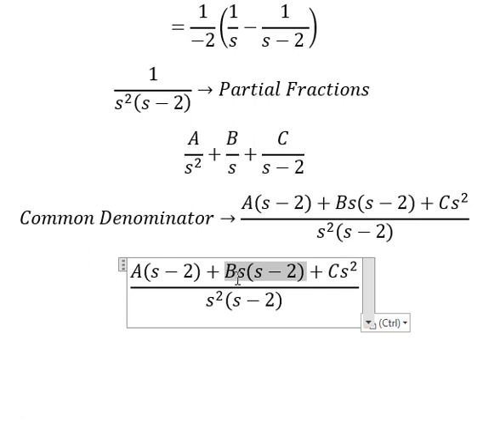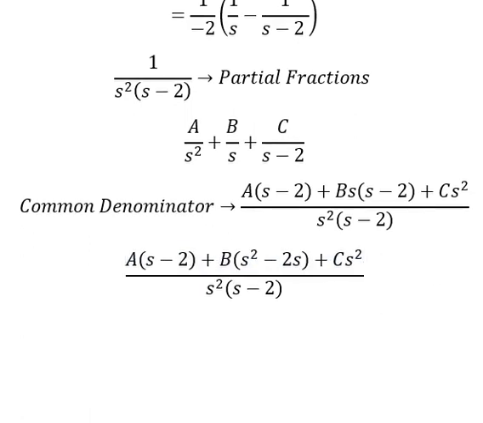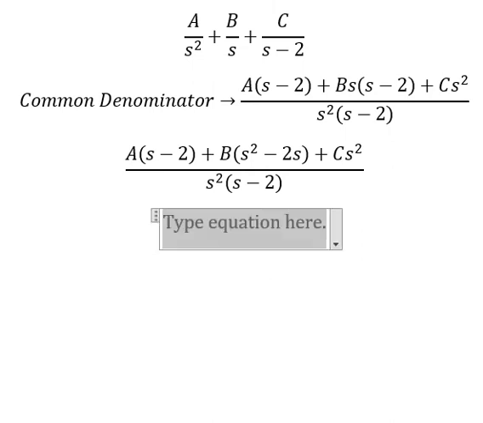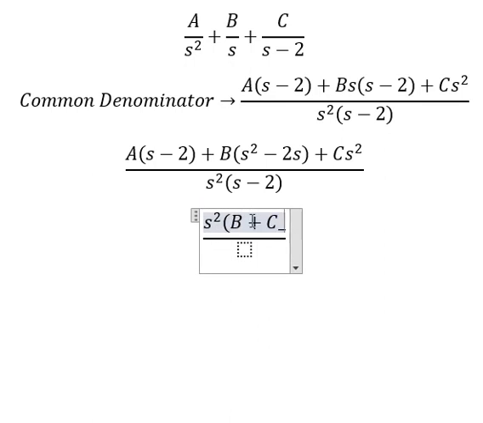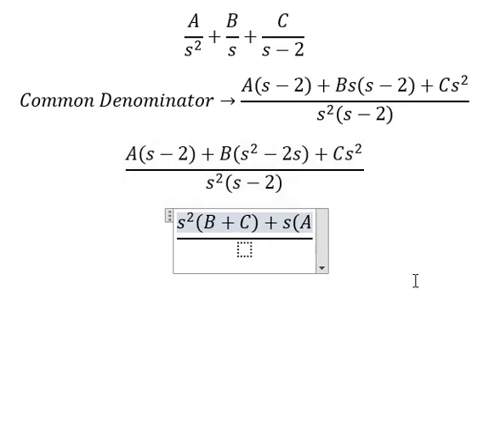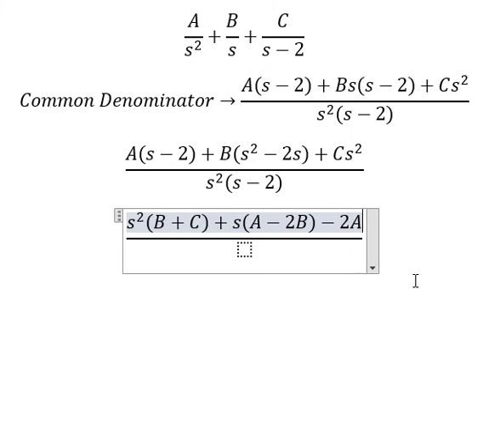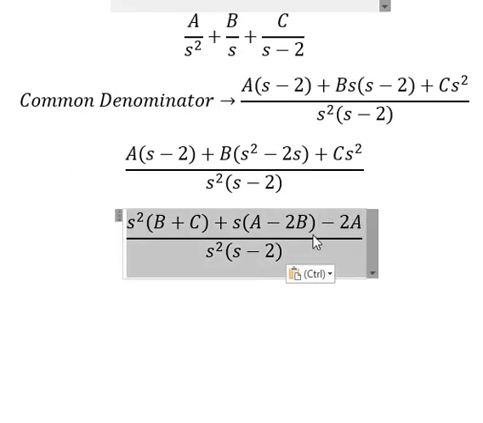Now we need to expand this one. Next, we need to arrange based on the terms of s. About s squared, we have B plus C. About s, we have A minus 2B. About the numbers, we have negative 2A. So we see that we just have only number 1. So negative 2A equals number 1. We don't have s and s squared.